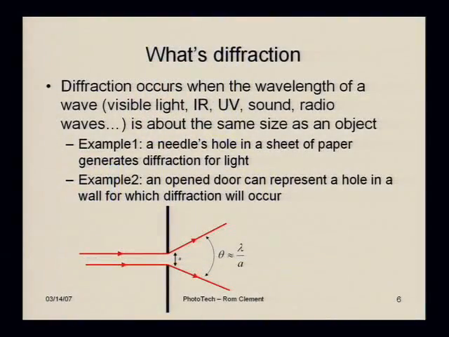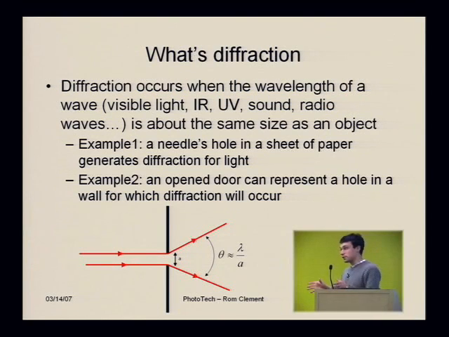So what's diffraction? Diffraction occurs when the wavelength of the wave, which can be light, of course, infrared, ultraviolet, but any phenomenon which can be described as a wave, has about the same size as an object.